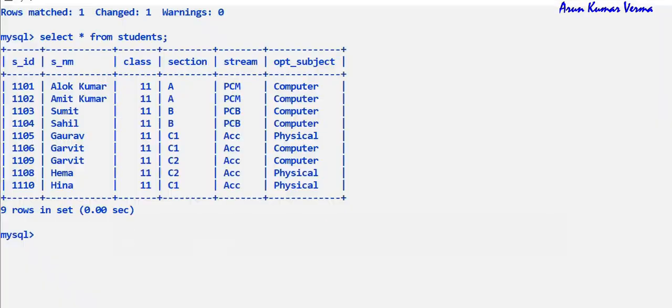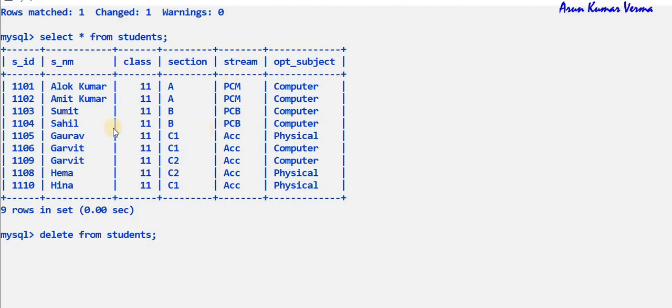Let's see how we can delete a record by using the where clause. Suppose I want to delete the record of Sahil. Let's write down here delete from students. If you write only delete from students, it will delete all the records.